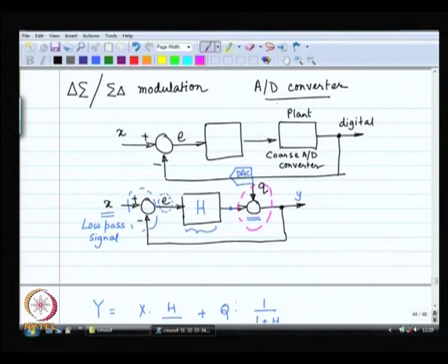It is a coarse analog to digital converter, probably a 1-bit A to D converter. In our particular case, we are going to employ a 1-bit analog to digital converter, and it basically introduces quantization noise. Now, this quantization noise has to go somewhere.